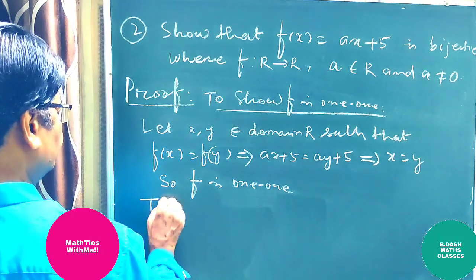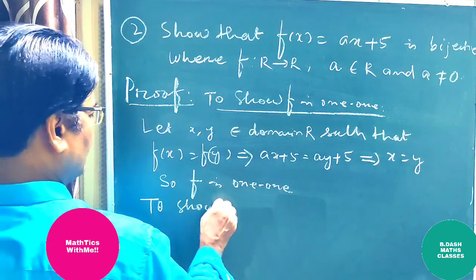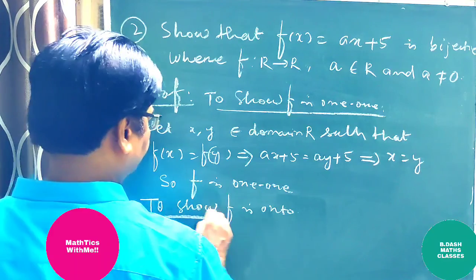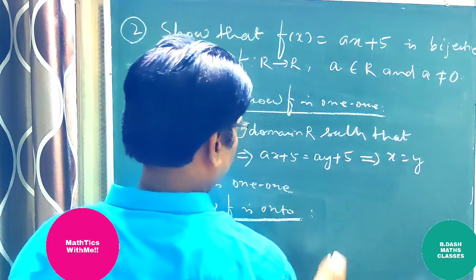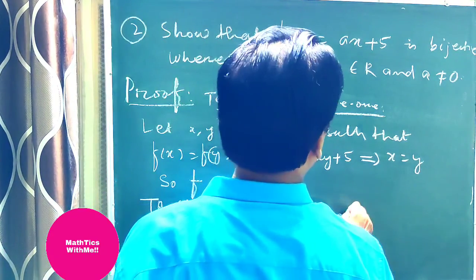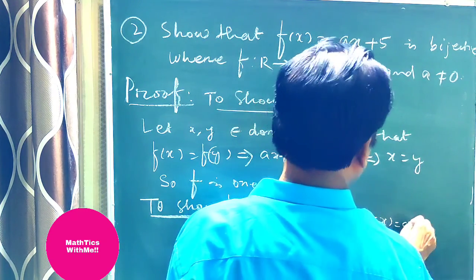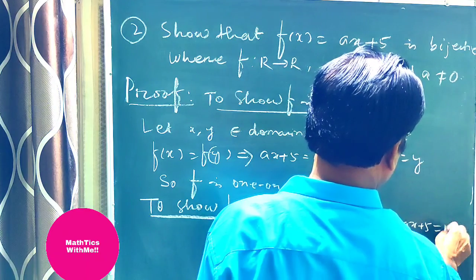To show f is onto, let f(x) is equal to ax plus 5 is equal to k.